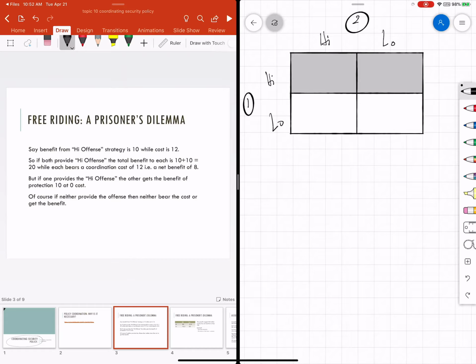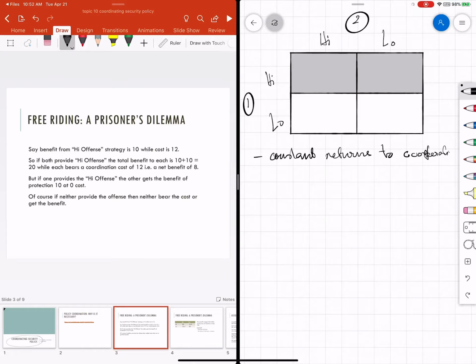Now here's the deal. So in this particular case, I'm going to assume constant returns to cooperation.